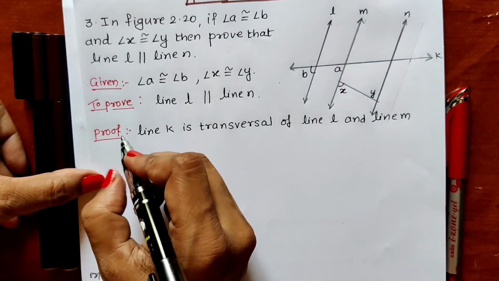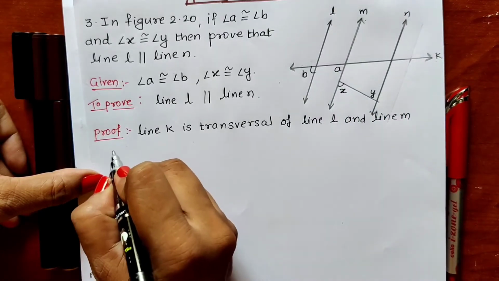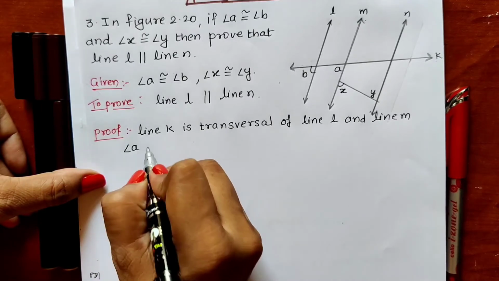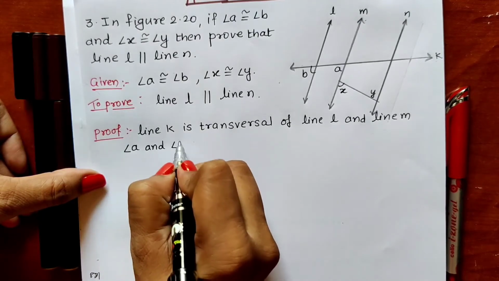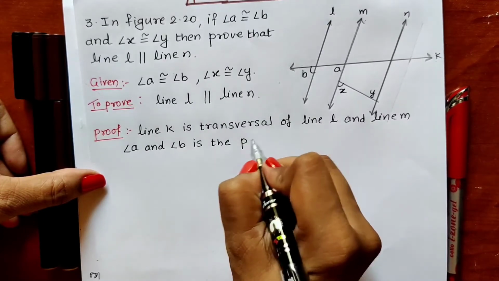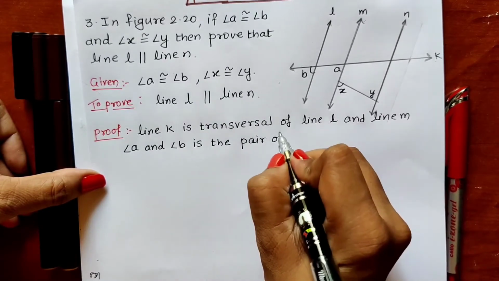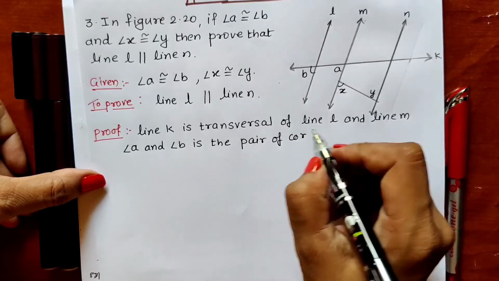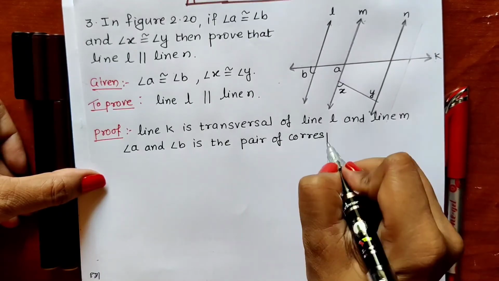I will write here, therefore, A and B is the pair of corresponding angles.